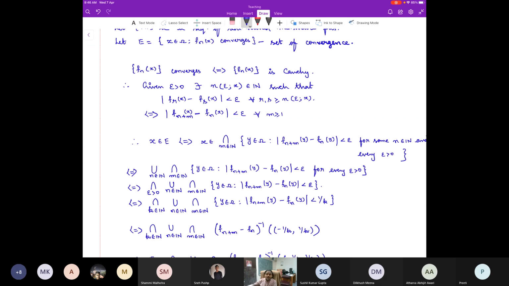Given epsilon positive, you get an n natural number, but it depends on the epsilon as well as the chosen point x, such that the difference between the rth term and the sth term is less than epsilon for all r and s bigger than or equal to this n, right? But this is again equivalent to saying that f(n+m) minus fn can be made less than epsilon for all m bigger than or equal to 1, right?